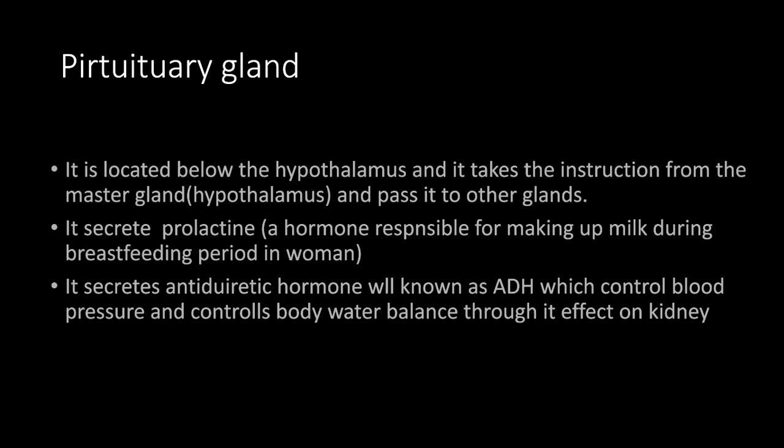It secretes antidiuretic hormone, well known as ADH, which controls blood pressure and body water balance through its effect on the kidney. Also growth hormone and other hormones, which we'll discuss later when we are discussing hormone secretion.